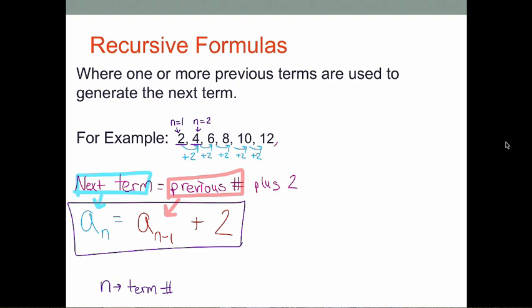So think of n as like running a race, and it's the order in which you finish the race. First place, second place, third place, fourth place, fifth place, so on and so forth. It's the order in which the numbers are written. So when n equals 1, we're referring to our first number written. When n equals 2, we're referring to our second number written. If n was 5, we would be looking at what is the fifth number in this list of values.